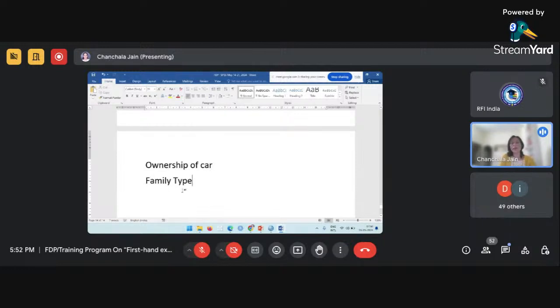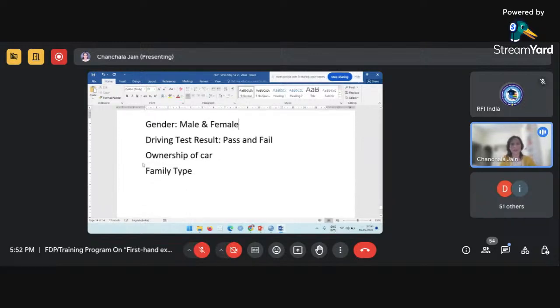In the previous example shown in the slide, we were looking at gender and driving test result, where we took two categories, pass and fail, and for gender, male and female. So my question is very simple: if I am talking about ownership of car and family type, how will I measure these two variables?